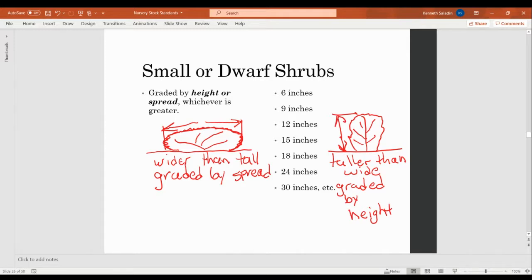So for the small or dwarf shrubs, if they grow wider than tall, then we're going to be grading them by their spread, or another way to say that is we're going to be grading their width. And if they grow taller than they do wide, then we're going to be grading them by their height. The grading scale is shown right here: 6 inches, 9, 12, 15, 18, 24, and 30 inches, and then so on.